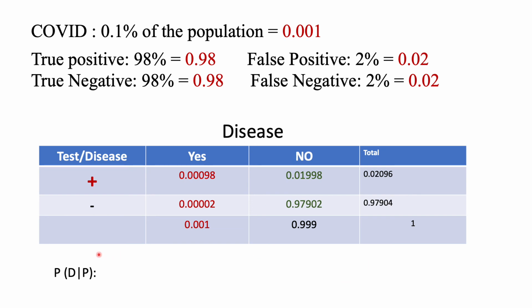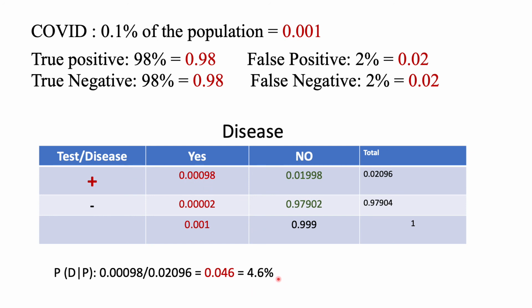So what is the probability of having the disease if you test positive? We can do a simple calculation. We divide this number by this number and we get this number, which means that the probability of having the disease if you test positive will be 4.6%.